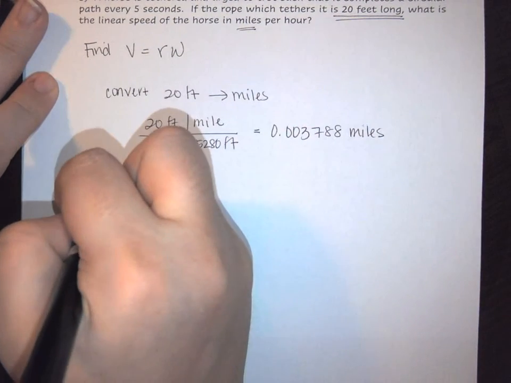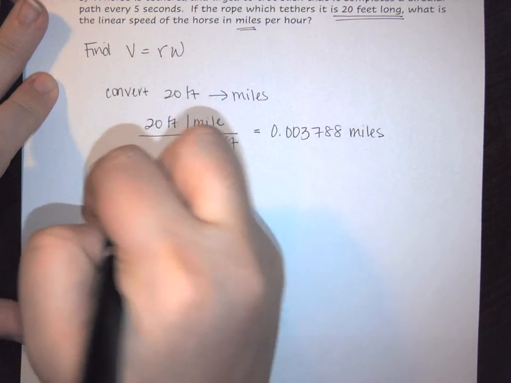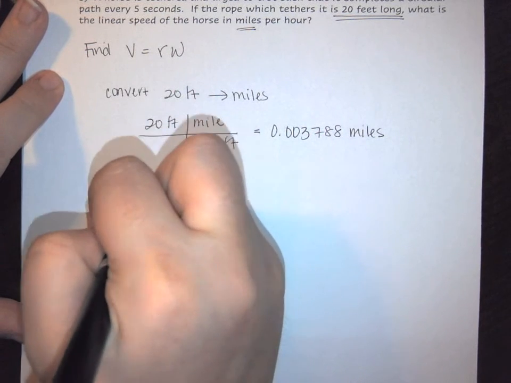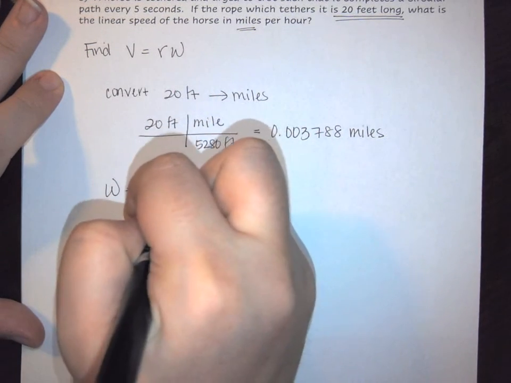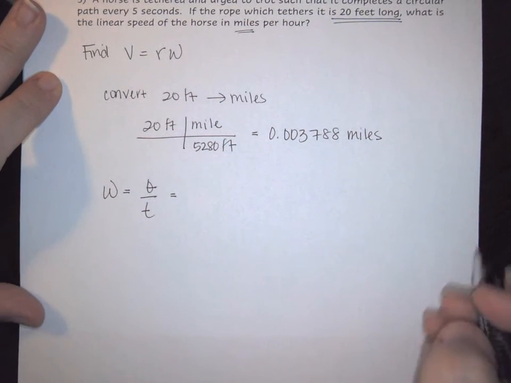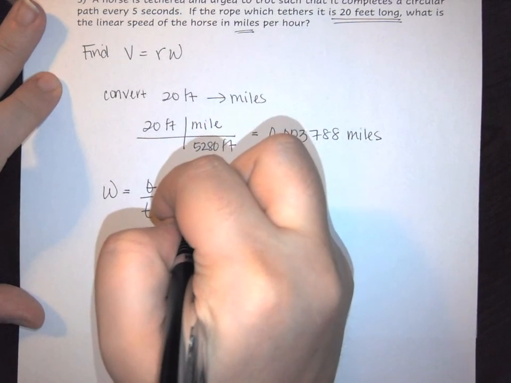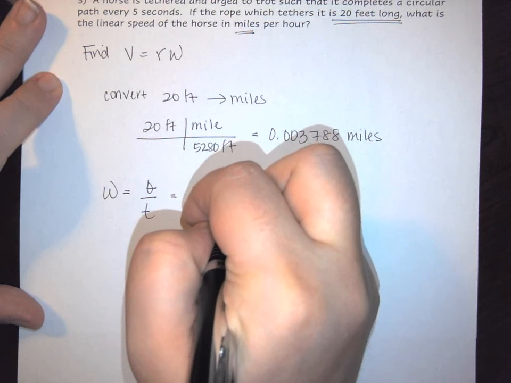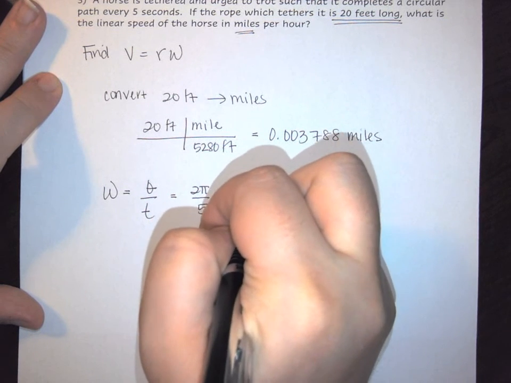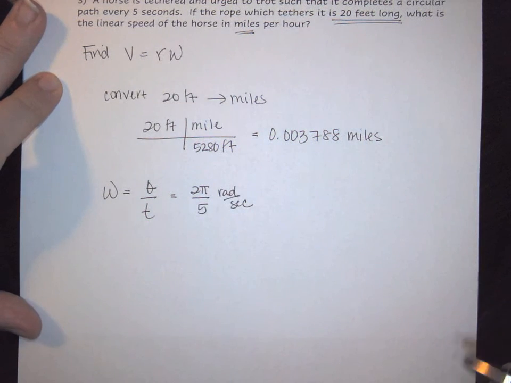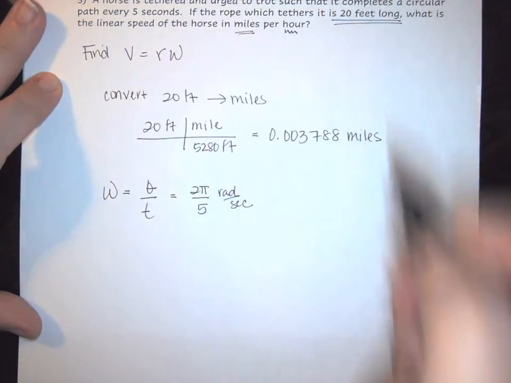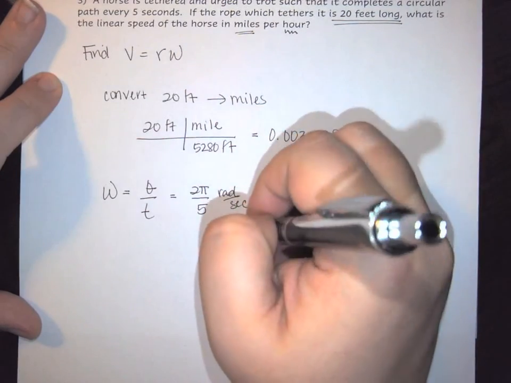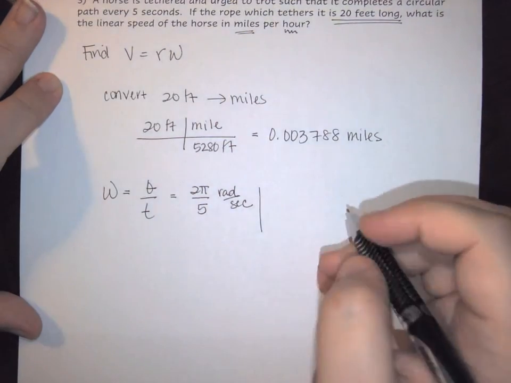Now with this, I know that my angular speed is calculated by my angle over time, which in this case is going to be 2 pi over 5 radians per second. And here I wanted hours. So I have to convert the second piece over to hours.